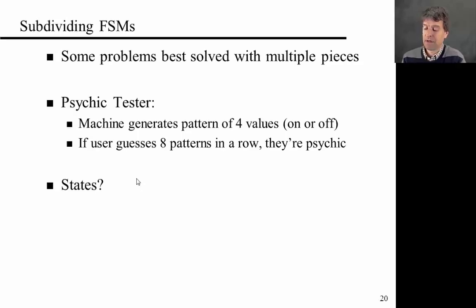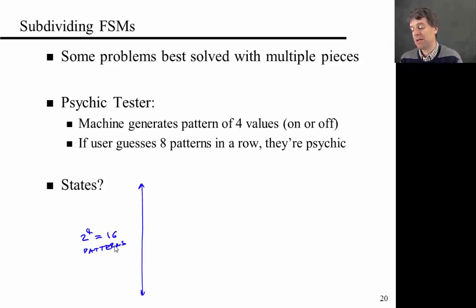There's 2 to the 4 equals 16 different potential patterns that the machine can generate, and you have to make 8 guesses, so 0 to 7.